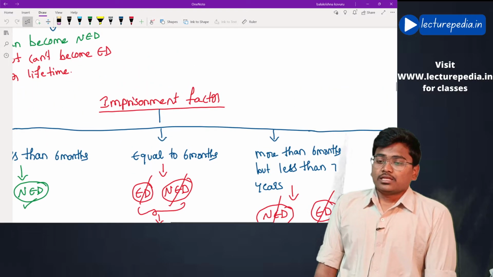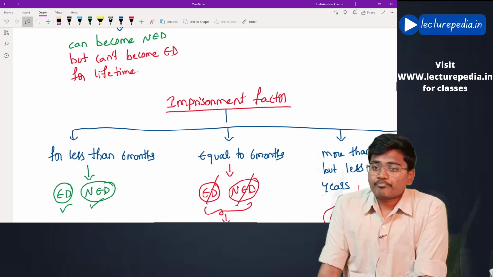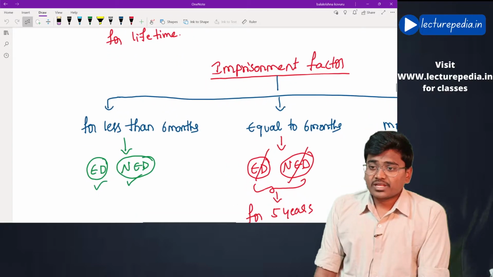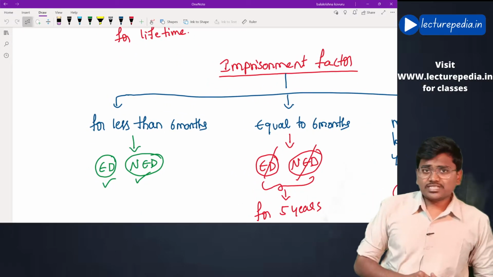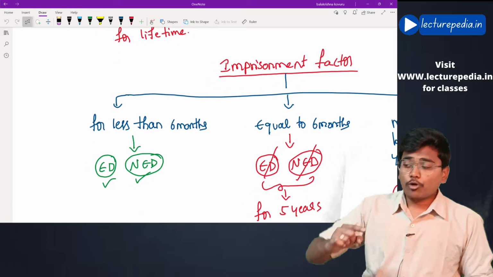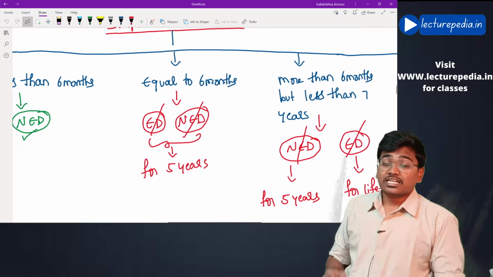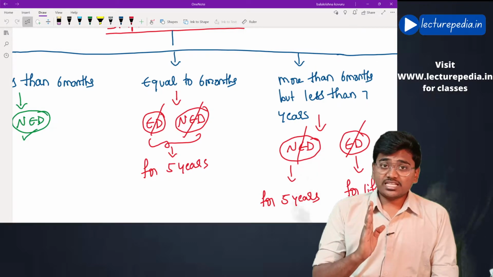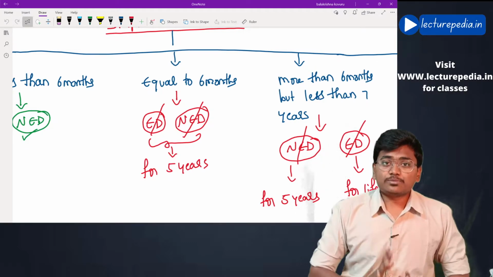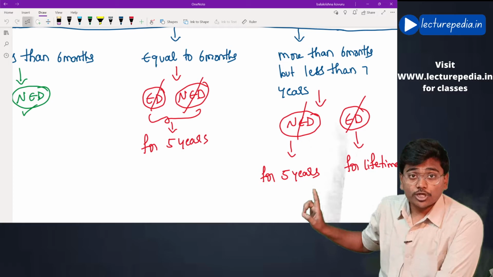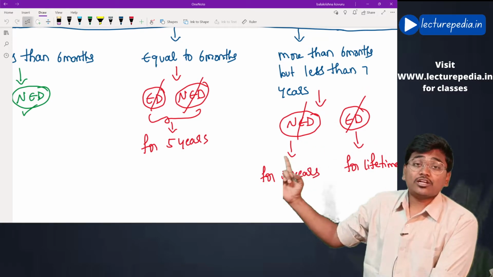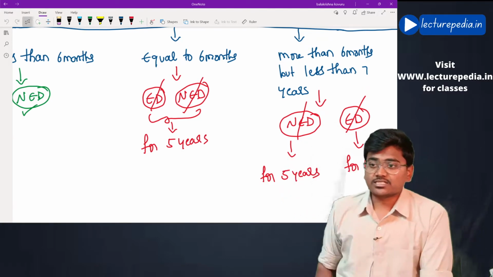Now, the person has been convicted by the court and imprisoned for less than 6 months. If he is imprisoned for less than 6 months, then he can be appointed both as executive as well as non-executive. Whereas if he is imprisoned for equal to 6 months, in that case he cannot be appointed as executive nor non-executive for a period of 5 years.